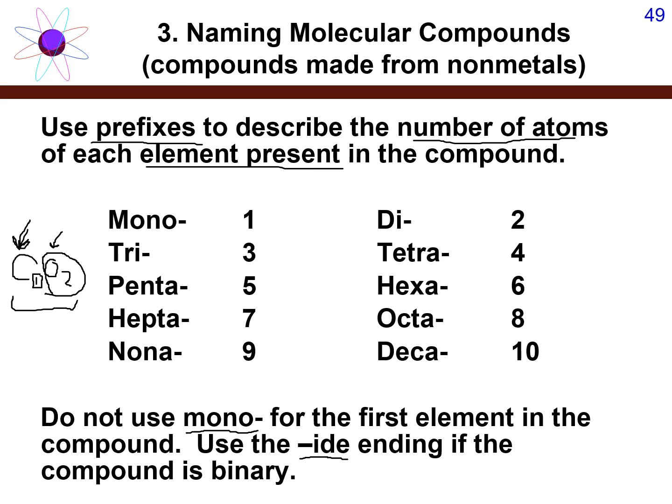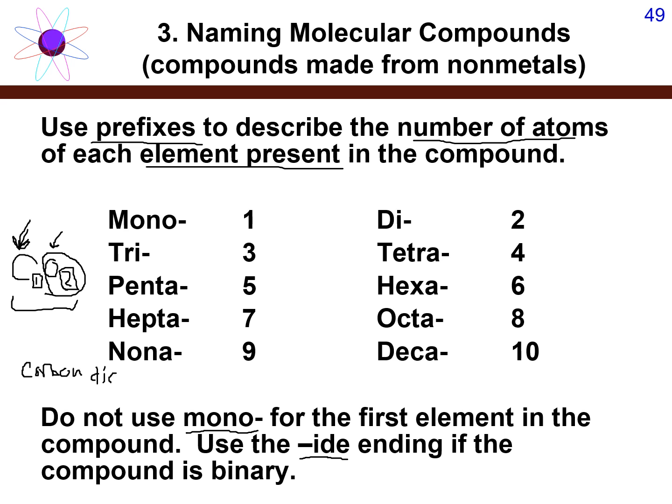Also, we have two oxygens. So this is going to be carbon, and we don't use mono. And we have two oxygens, so we're going to use the prefix di. You almost always use those prefixes unless it's the first element that only has one.